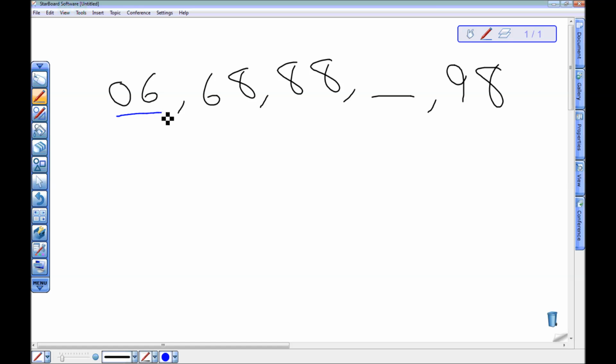Next idea. What if this pattern is every other thing? Well, there aren't really enough things here for me to judge if that's a possibility. And if it is every other thing, I don't know how 68 and the other green underlined blank spot are related. So that doesn't seem right.